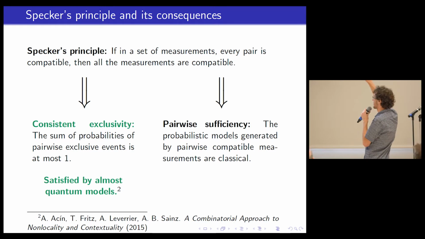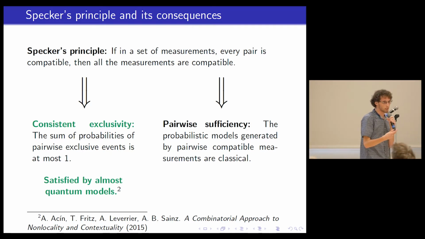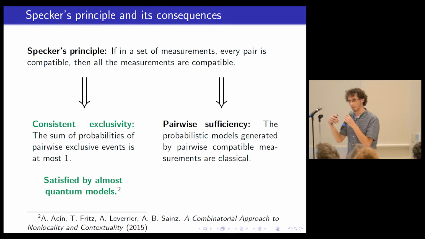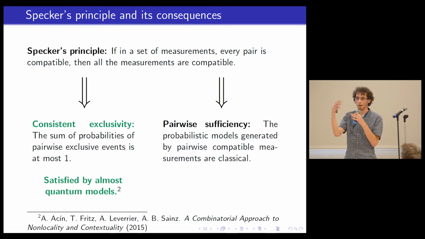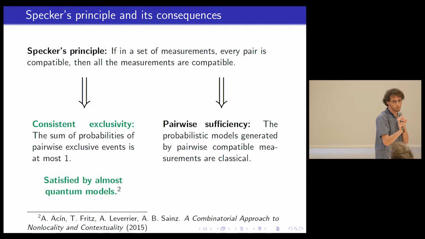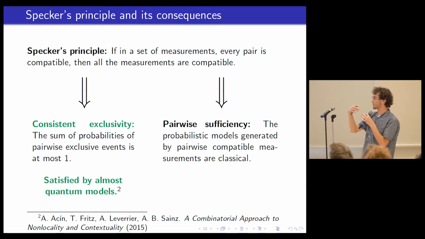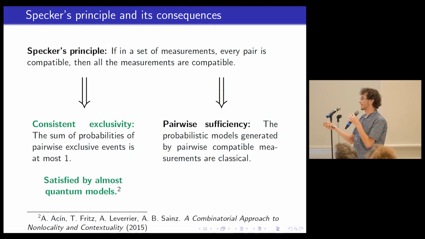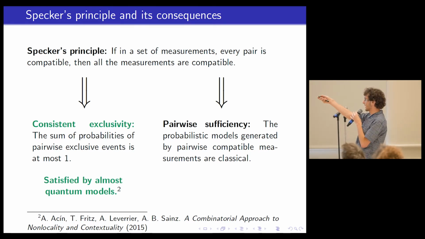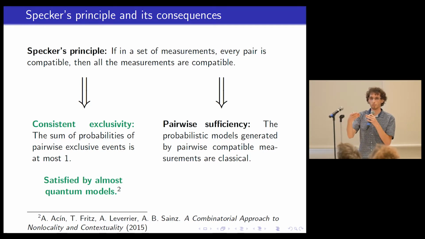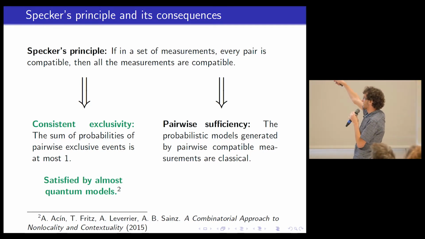And the reason why this follows trivially is that by Specker's principle, if the measurements are pairwise compatible, they have to be jointly compatible. And as I said in the beginning, whenever we have a set of compatible measurements, it follows that the marginal statistics of those measurements admit a joint probability distribution. And admitting a joint probability distribution is just the same as the fact that it is a classical probabilistic model. So that's why the pairwise sufficiency follows from Specker's principle.